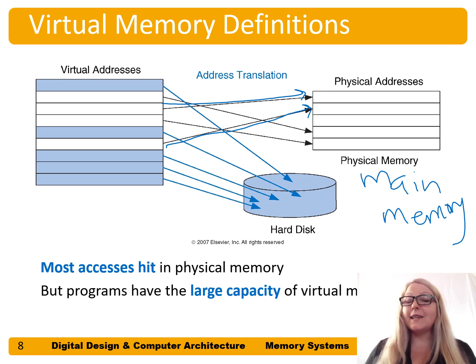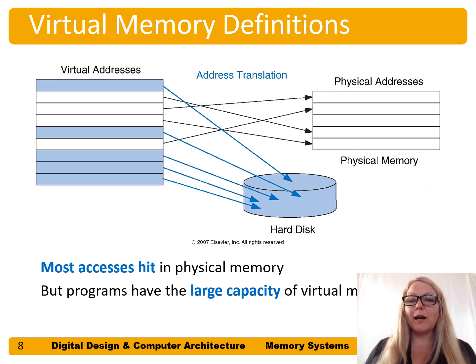So most accesses hit in main memory, in physical memory, but programs have the large capacity of virtual memory systems. So it seems like a lot of memory and fast, but really it's because of using this hierarchy between virtual memory that's stored on the hard drive, and physical memory that's stored in DRAM, in the main memory.